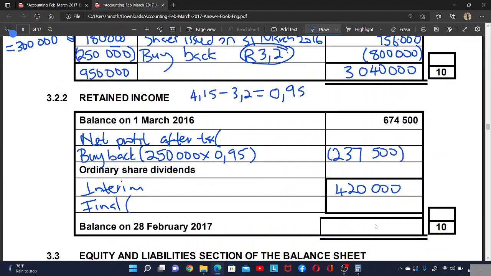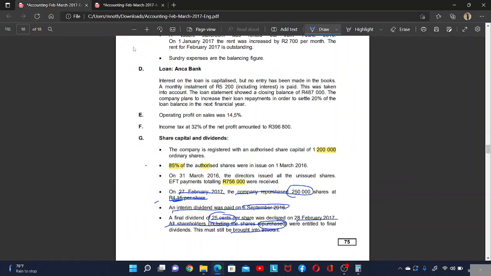They are worth 300,000. So if you add the two, they give you 720,000. Now we are left with the net profit after tax.